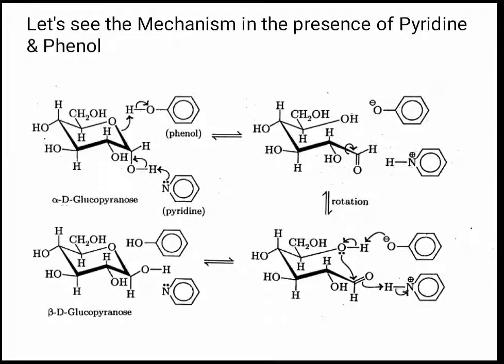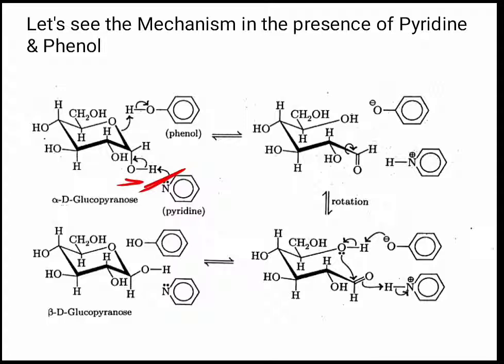Let's see the mechanism in the presence of pyridine and phenol. You have taken pyridine and phenol in the same reaction mixture, and you are also taking alpha D glucopyranose. So what will happen? The pyridine is a base, so at first the base will attack this anomeric OH and take up this proton.